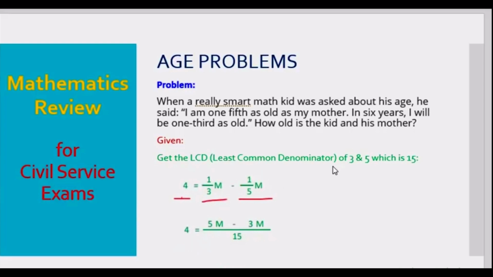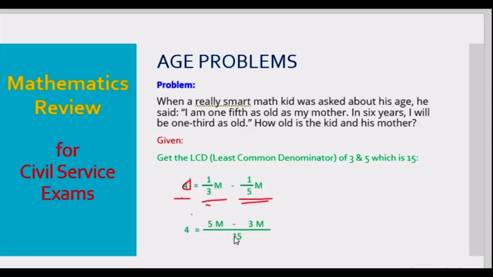So I'll just be getting the LCD, the least common denominator of 3 and 5. Okay, without touching the 4. So I'll have to have this remain as is, the 4.